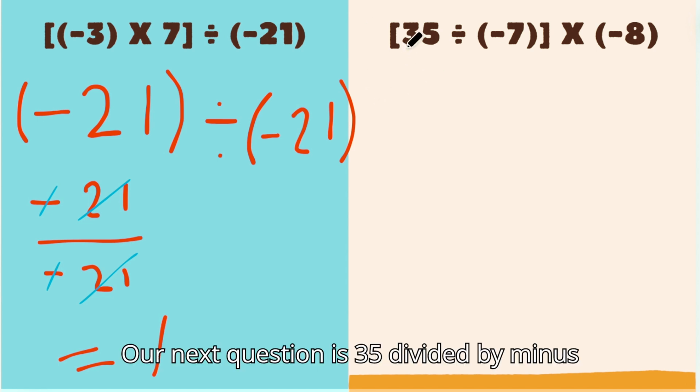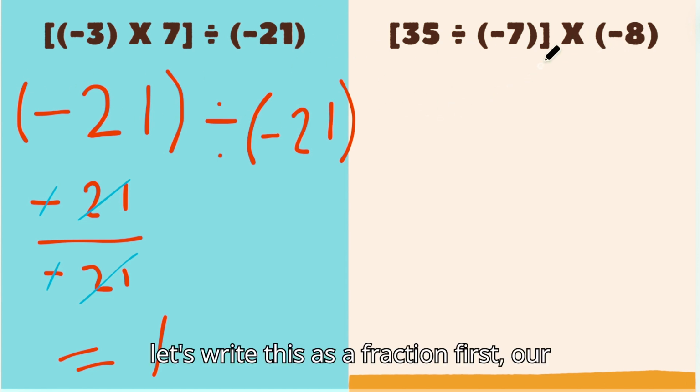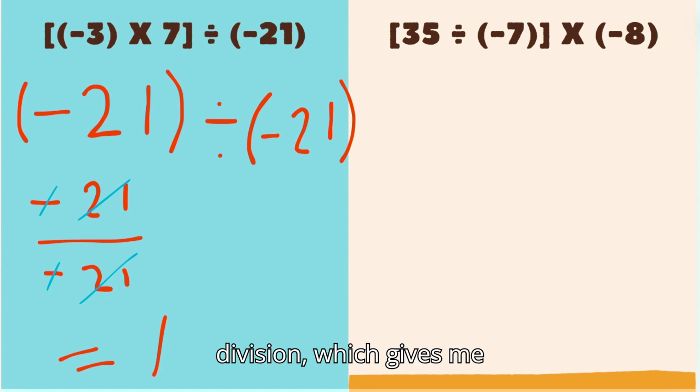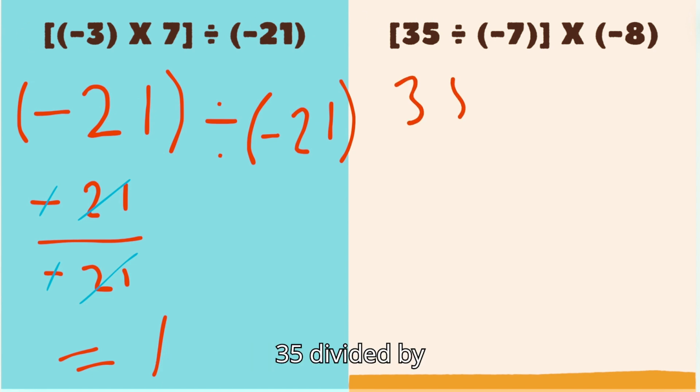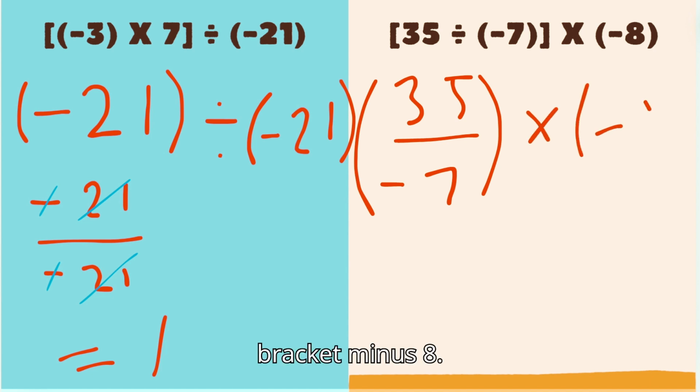Our next question is 35 divided by minus 7 times 8. So now let's write this as a fraction first, a division, which gives me 35 divided by minus 7. I'll put brackets, times, bracket minus 8.